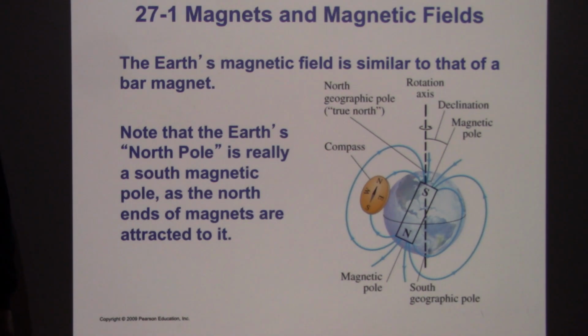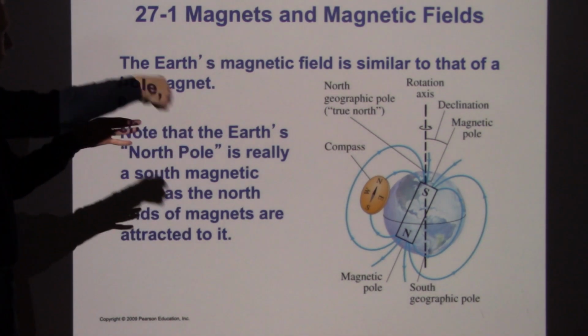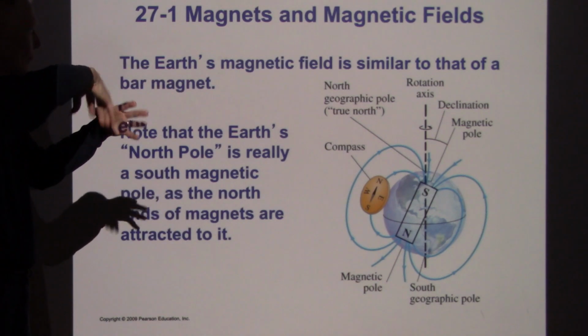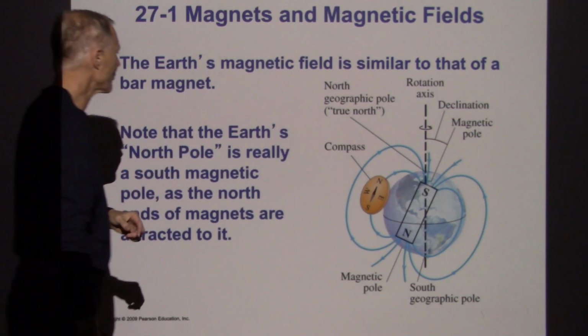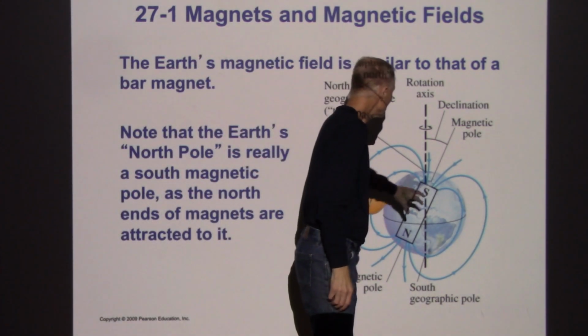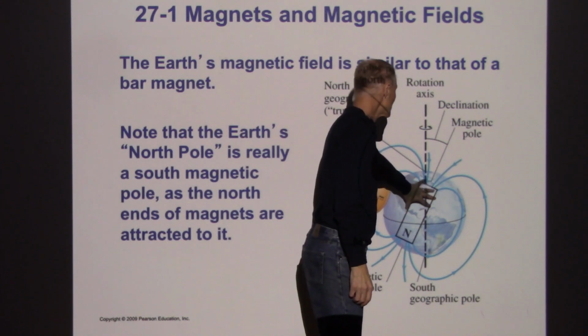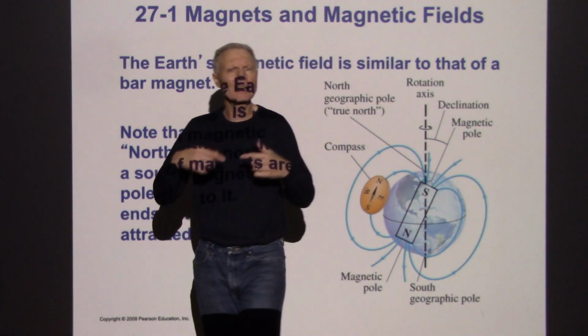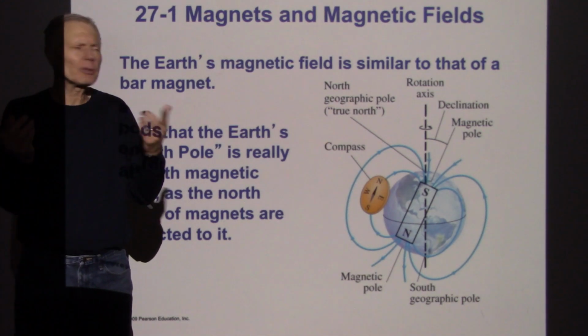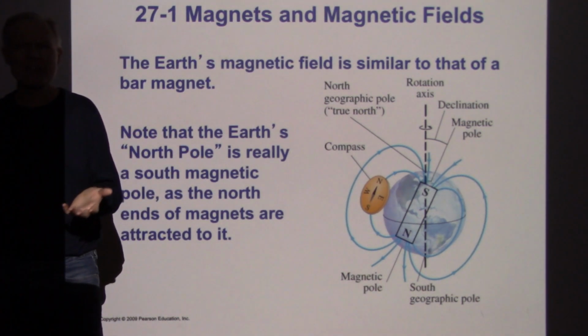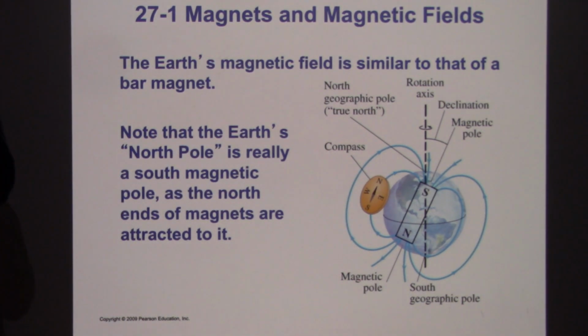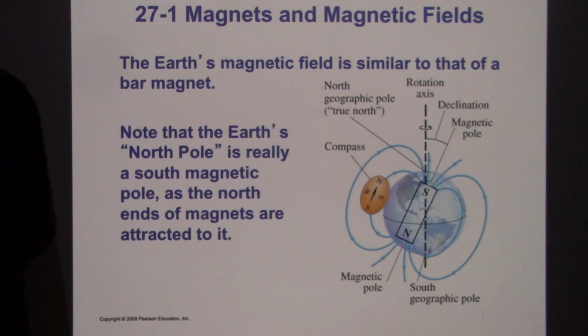So it does appear to be currents that are following some sort of circular path on average. Now the magnetic field, also what's interesting, doesn't line up with the rotational axis. It's shifted by, what is it, like 15 degrees or something like that? It's shifted a fair amount. So however these currents of charge are in motion, they don't quite line up with the rotational axis of the planet.